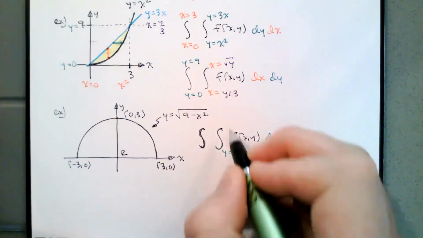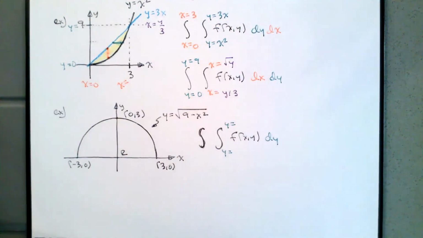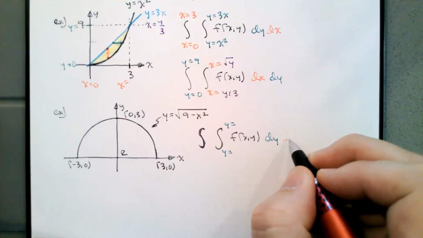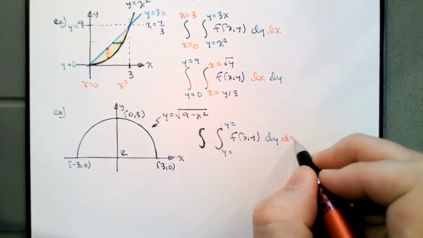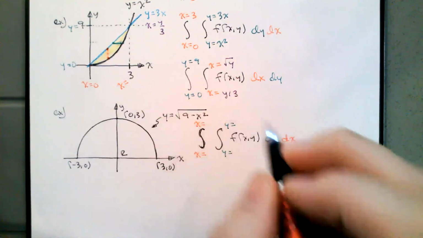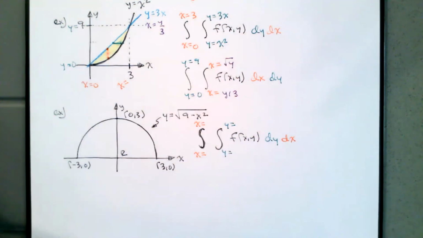So I'm going to write my y between, what's y between, and I've got to figure out what x is between. All right, so I've got this semicircular region, and I've decided to set up a dy dx integral.